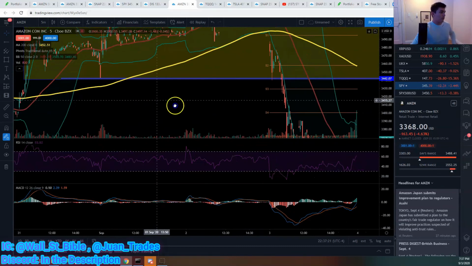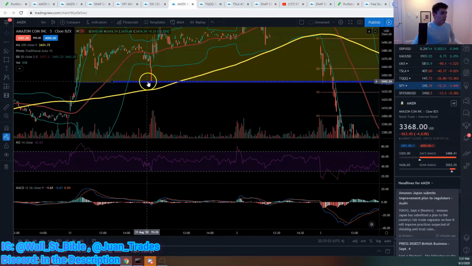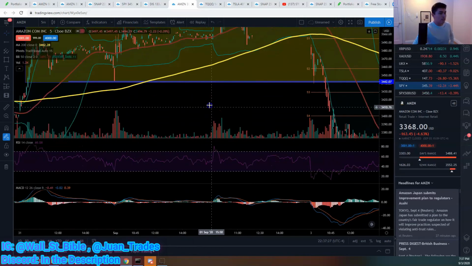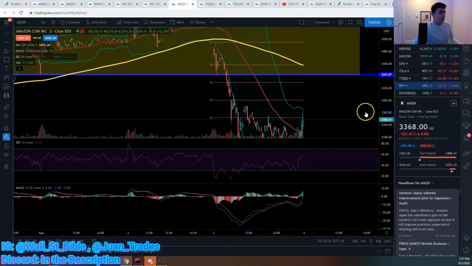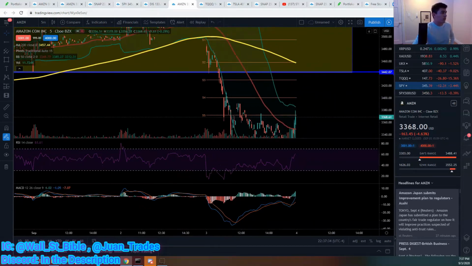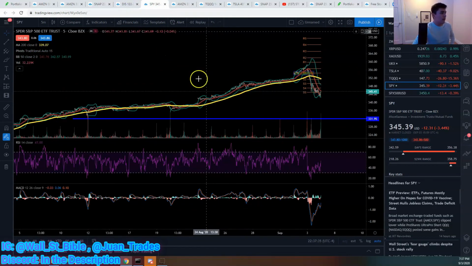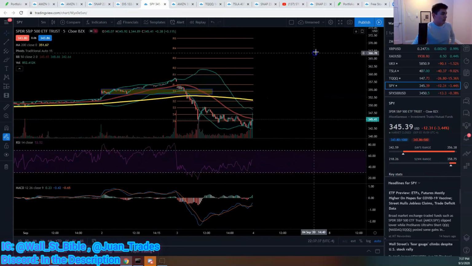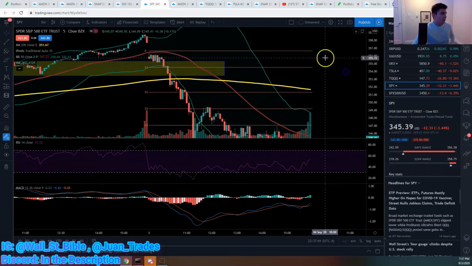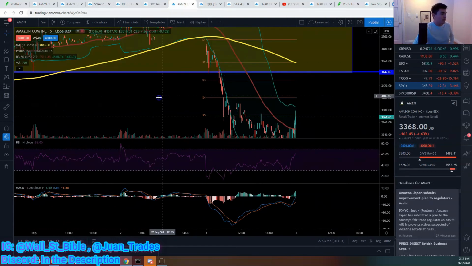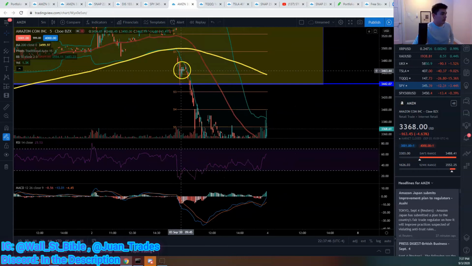So in this instance, we see our previous low, which is 3,442. And of course, when we're trading market leaders, we're going to pull up the S&P 500, the SPY. So let's go ahead and pull it up. So this is the SPY and Amazon. 5, 10, 15, 20, 25, 30, 35, 40.